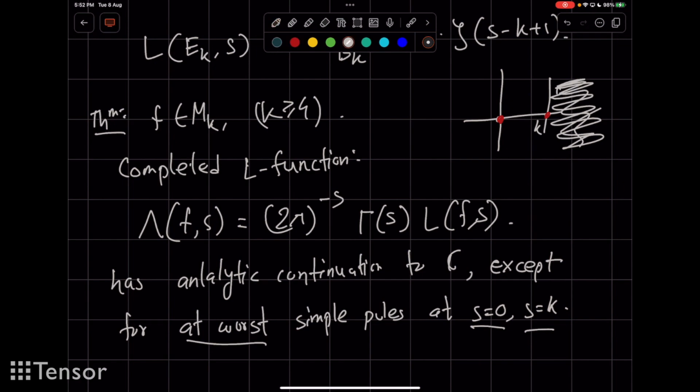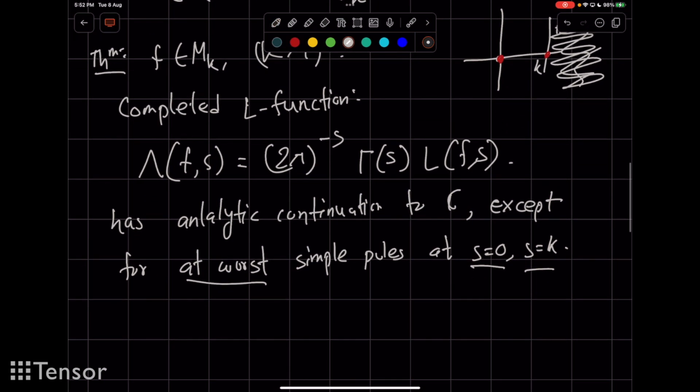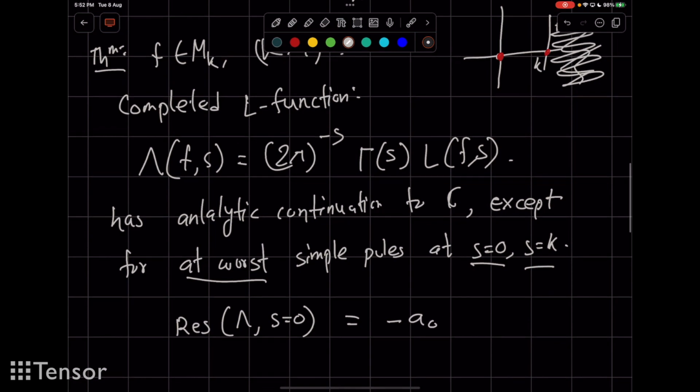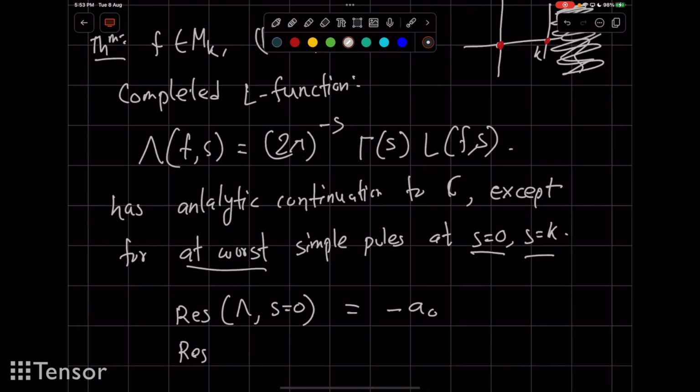Since we have two simple poles, we can compute the residues. The residue of Lambda at s equals 0 is given by negative a_0. And the residue of Lambda at s equals k is negative 1 to the power k over 2 times a_0.